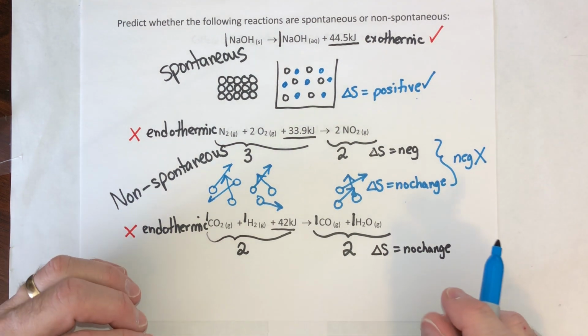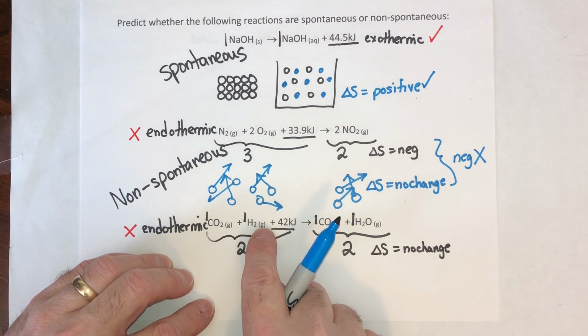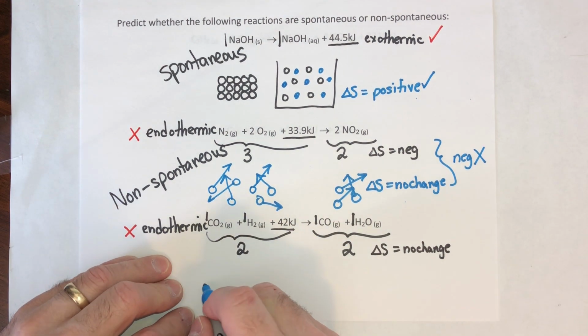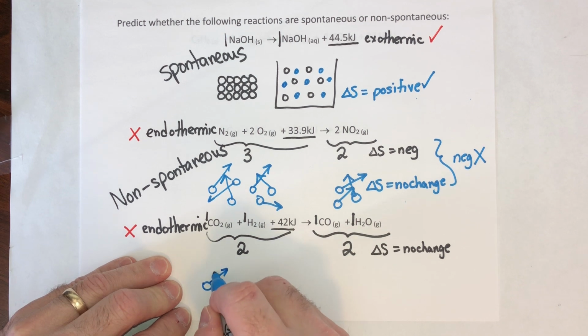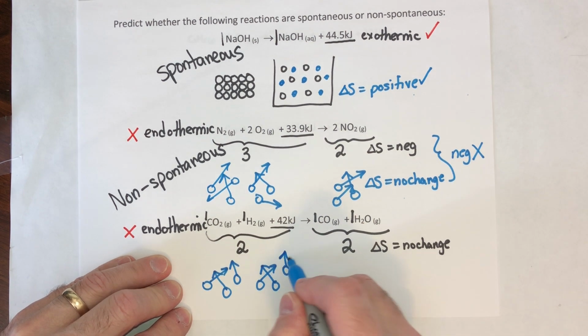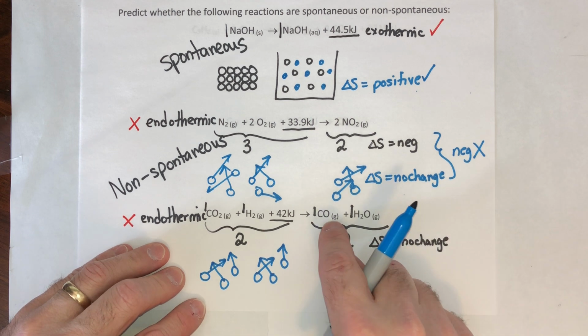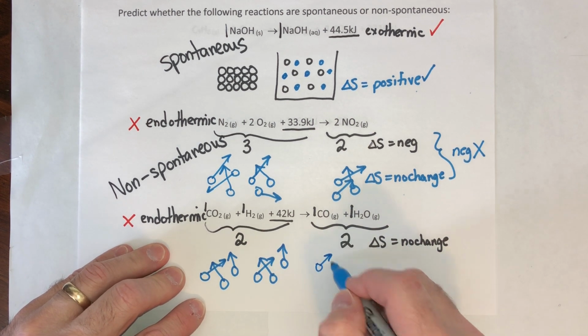Okay, if you look at the states, solid, liquid, gas, aqueous. This is a gas and this is a gas. So here on the reactant side, you have highly chaotic gases. You have another highly chaotic gas. And if you look on the product side, what do you got? I got a highly chaotic gas.